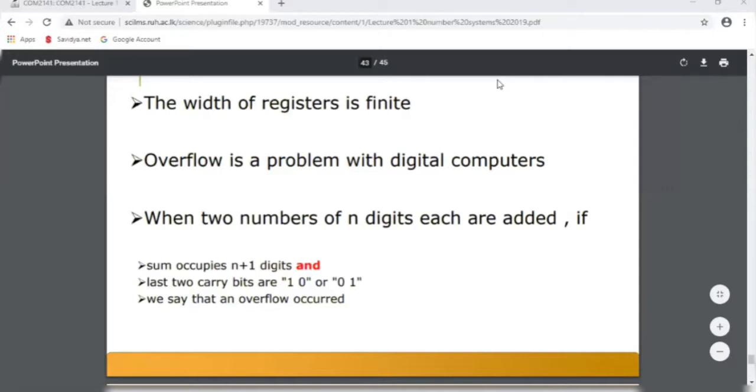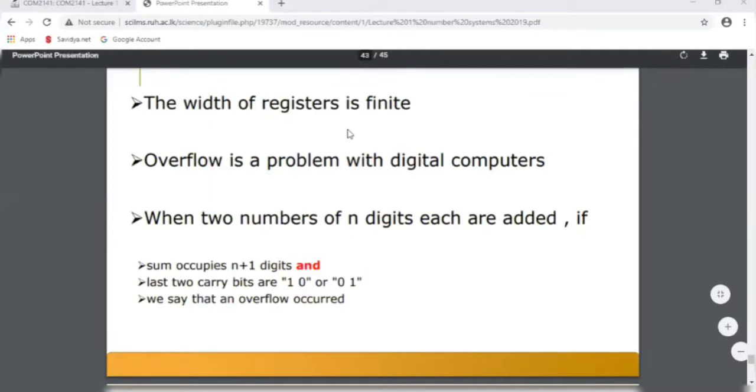When you're asking the computer to add or subtract numbers, and you are storing the result value, sometimes you can't store that value in the register. Then overflow occurs. It's a problem with digital computers.